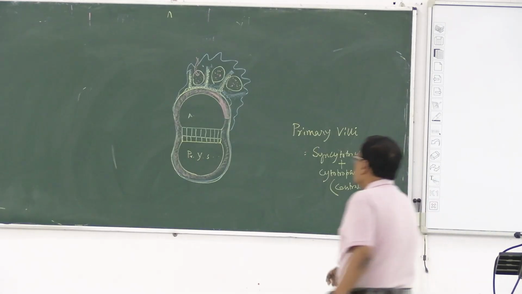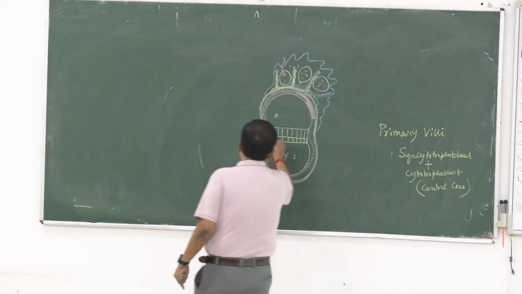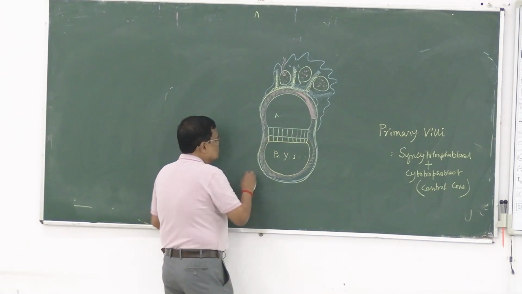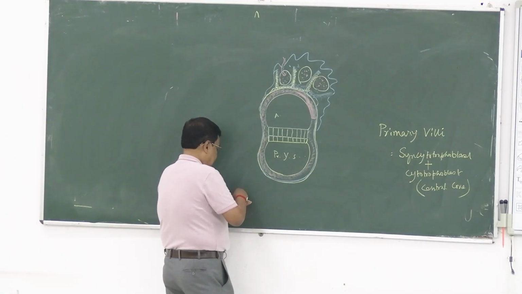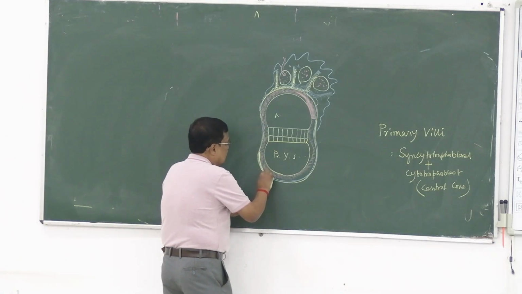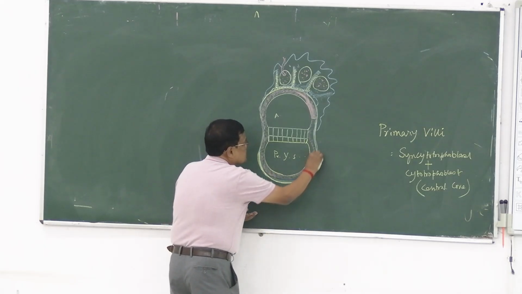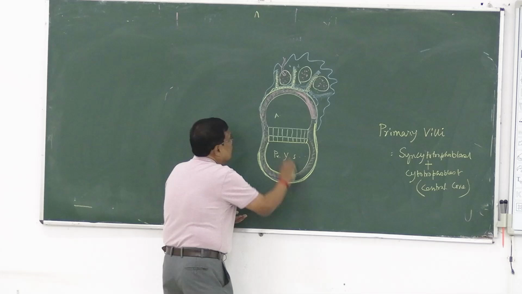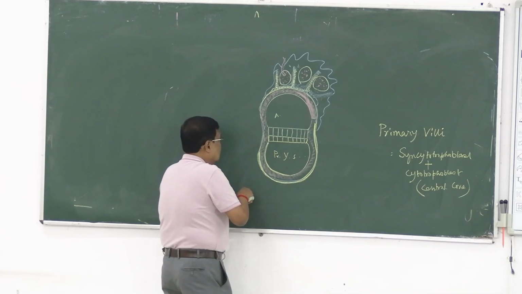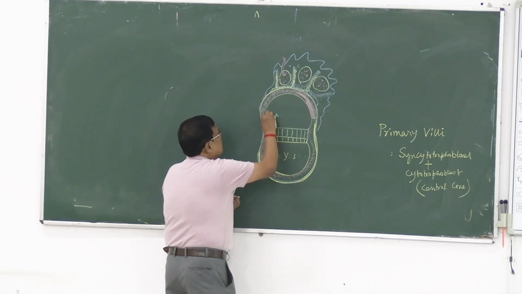In between the Heuser's membrane and the cytotrophoblast, this green color is the cytotrophoblast, yellow color is the cytotrophoblast, and this is the Heuser's membrane. This is the amniotic cavity.